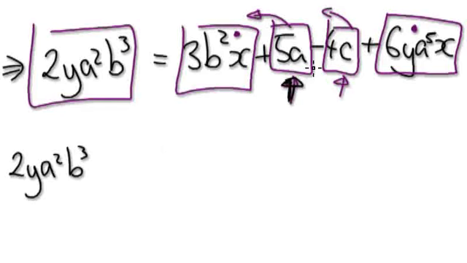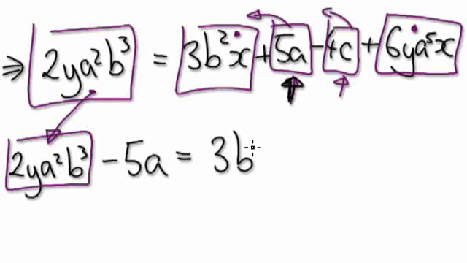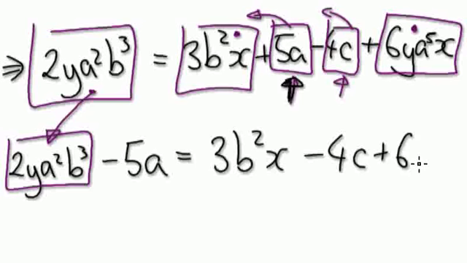We are going to take away 5a from both sides. Sorry. Okay, so now I'm taking this down. Okay, and then take away 5a equals 3b squared x, and then minus 4c, and then plus 6y a blah blah blah here.